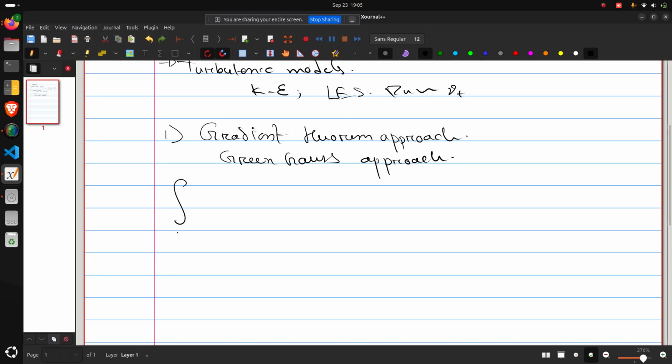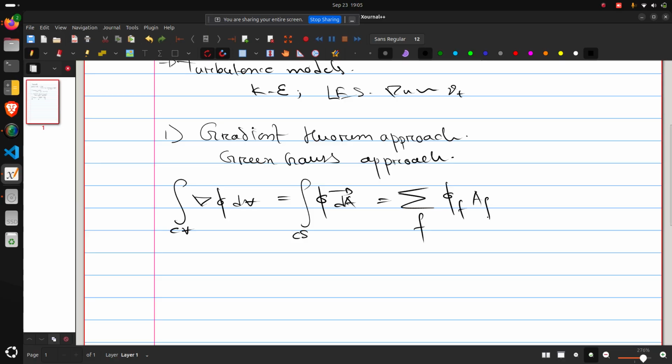So for example, if you remember, if we have a control volume integration of a gradient of a field, we can write it like a control surface integral, and this dV will be converted to an area, and to further discretize it, we can just write it as the summation over all the faces, phi f and A f, right.